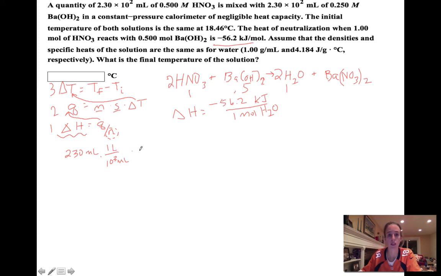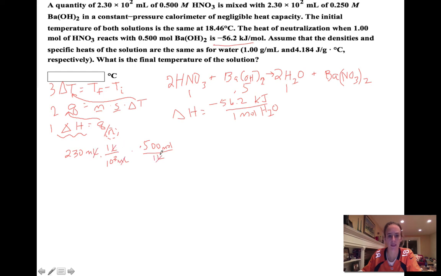So first things first, if I want to calculate the moles of acid and base, for my volume of the nitric acid, I can use molarity to help figure out how many moles there are. So it's 0.5 moles for every 1 liter of solution. I've got 230 mL, so I first converted that from mL to liters.